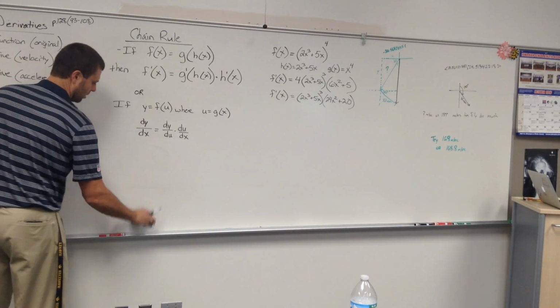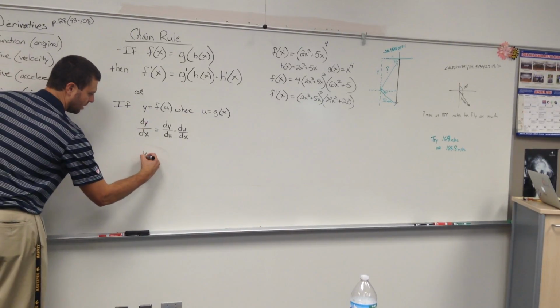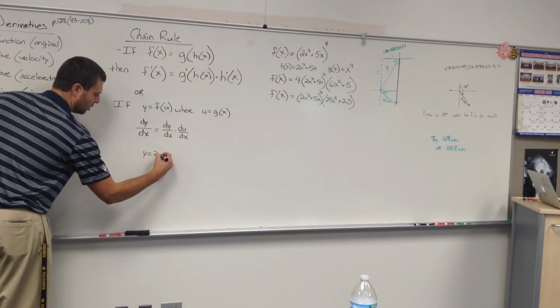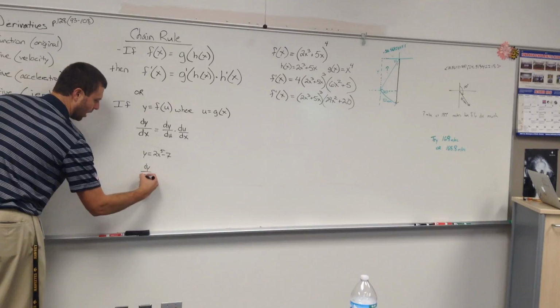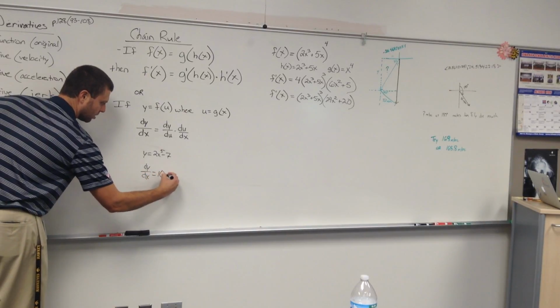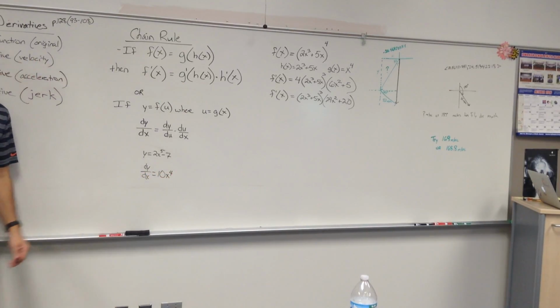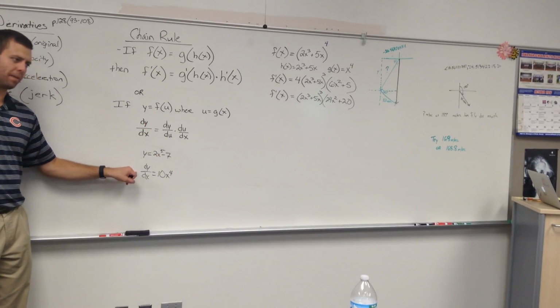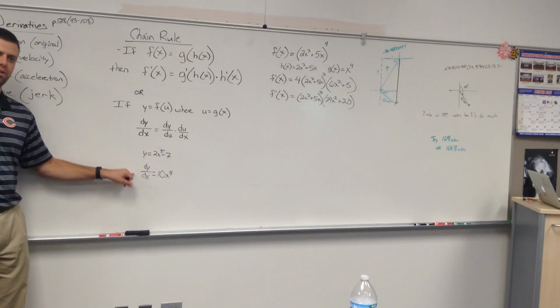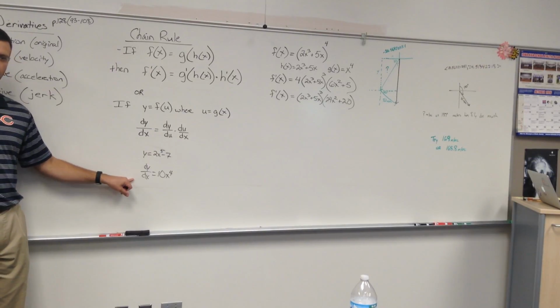So in other words, if I had y equals 2x to the 5th minus 7, I could write dy dx equals 10x to the 4th. Or I could write y prime equals 10x to the 4th. I just want to make sure you understand this notation. It's just another notation for the first derivative.